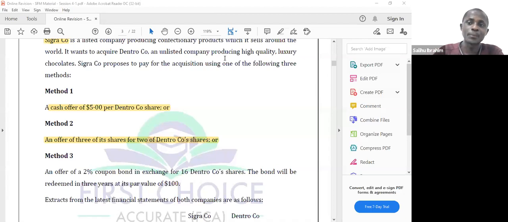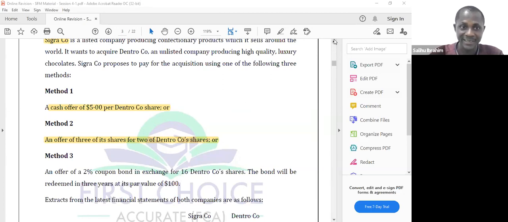And how will you get the post-acquisition market price per share? This is what you are going to do. You will add the market value before acquisition of Dentroco to the pre-acquisition market price of Sigraco. Then you look for the synergy that the question discussed here. Look at it.